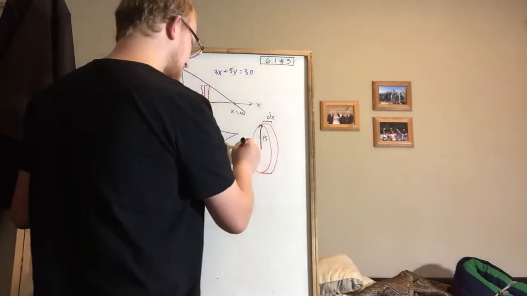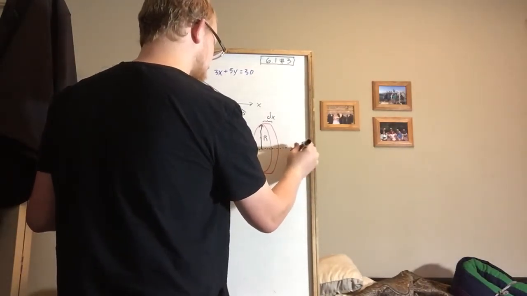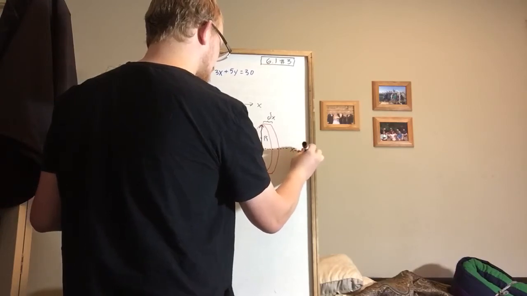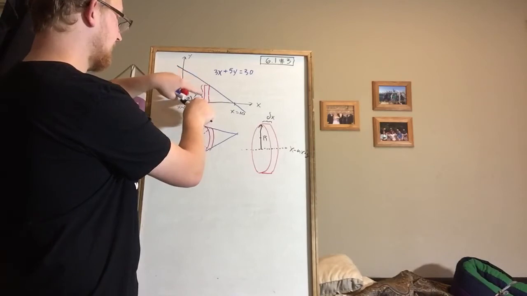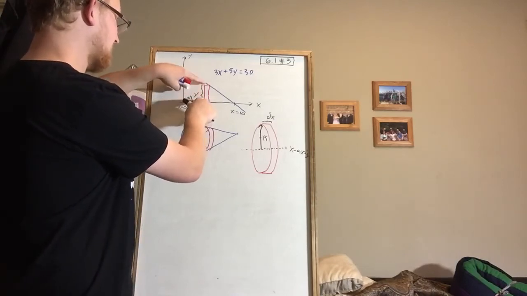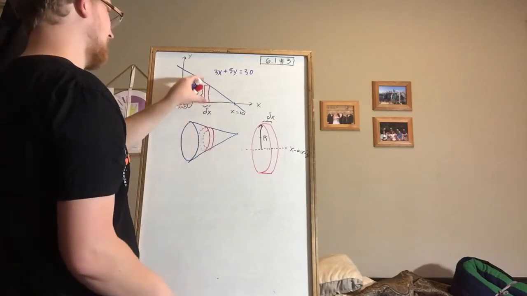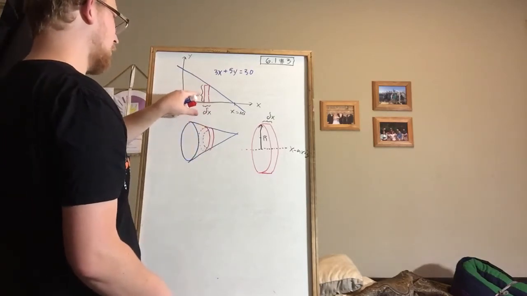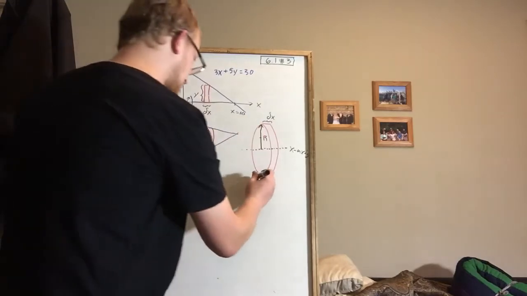Now the radius is centered about the x-axis, and as you can see here, the radius is going to be the same as the distance from the origin to the height of the line, and that happens to be y. The height there is y, so therefore radius equals y.